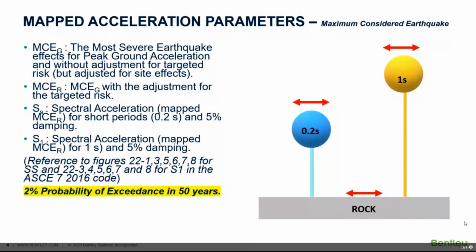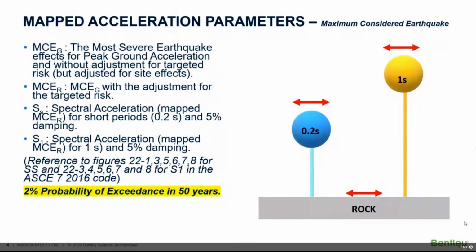We are now ready to start speaking on how to execute the response spectrum analysis in STAAD.Pro. But before that, it is important to know about a couple of factors which would be needed at every step of performing the seismic analysis. Number one, we need to know the risk category, which is based on the use or the occupancy of the structure and which is to be obtained from table 1.5-1.